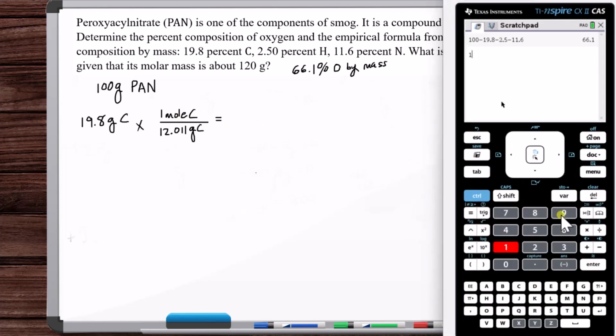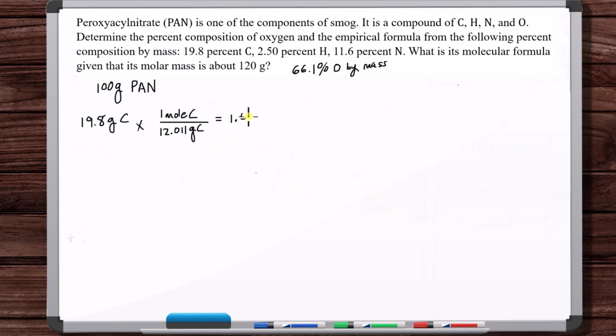So 19.8 divided by 12.011 gives 1.65 moles of carbon. Okay, these cancel. In 100 grams of this PAN, there's 1.65 moles of carbon.